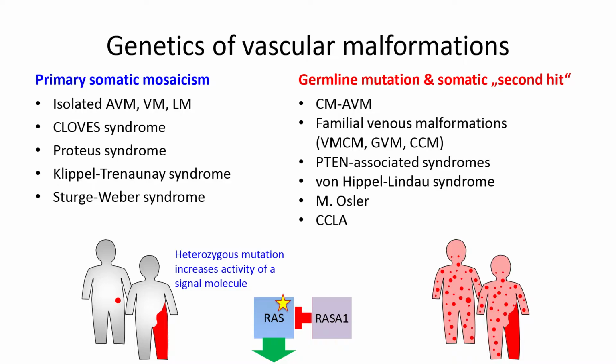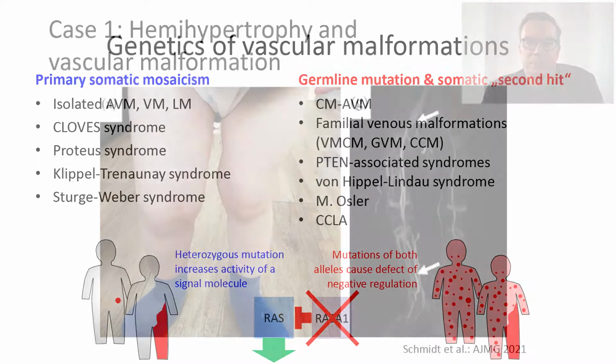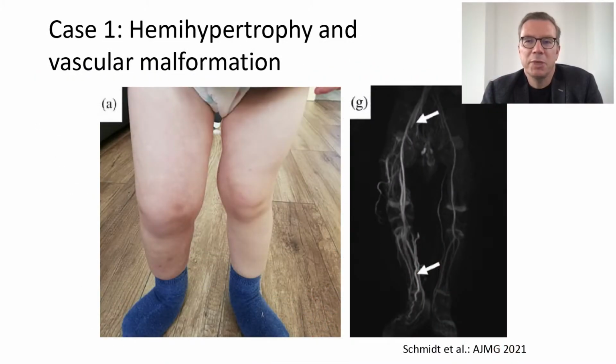And this is true for some of the familial vascular malformation syndromes, like familial capillary arteriovenous malformation or familial venous malformation syndromes and others. In that case, the biallelic defect of an inhibitor of the pathway causes the increased signal flow. And this may be quite difficult to distinguish.